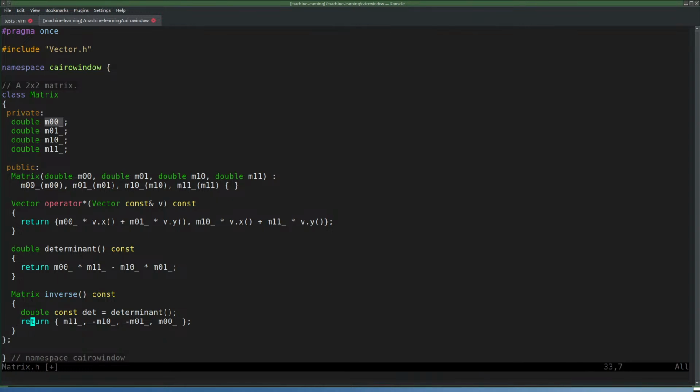And we have to divide by the determinant everywhere. At least according to ChatGPT. So fingers crossed, but I can't imagine it would get that one wrong.